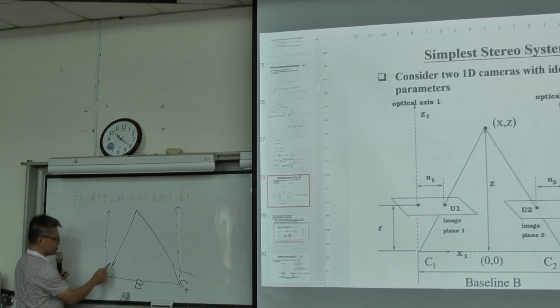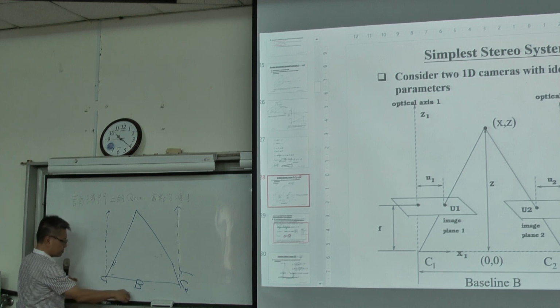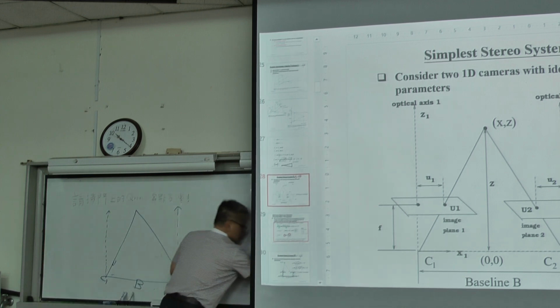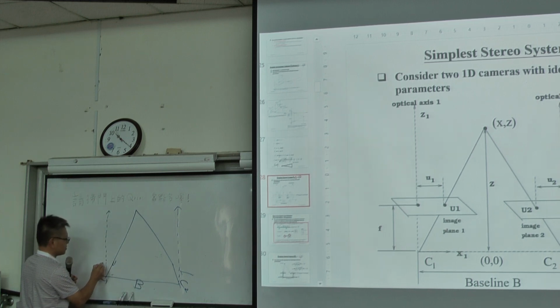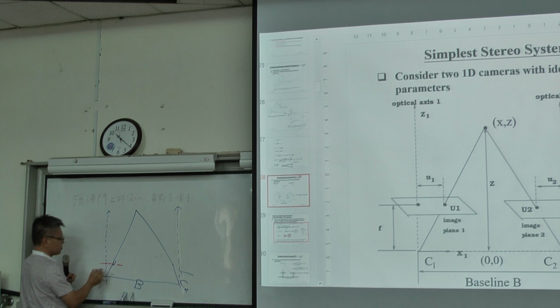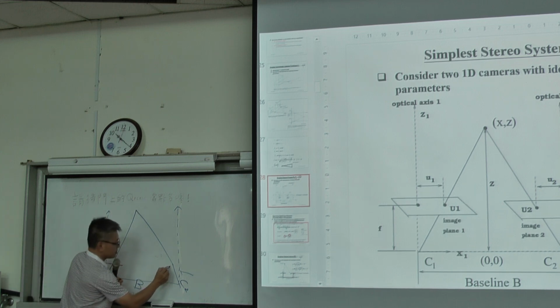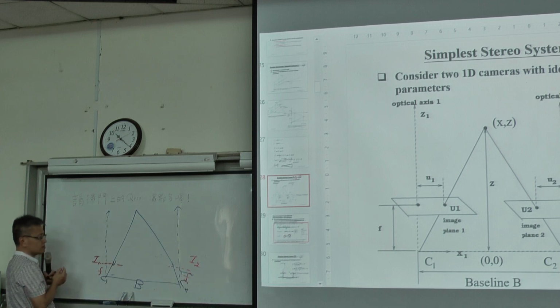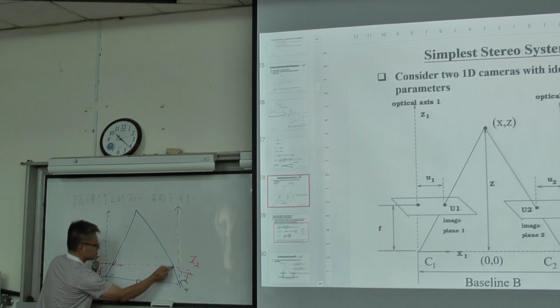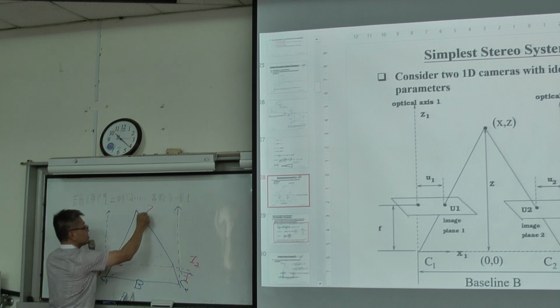You have image 1, with this focal length, and image 2, also with focal length f. So you have a triangle, and you try to find z.